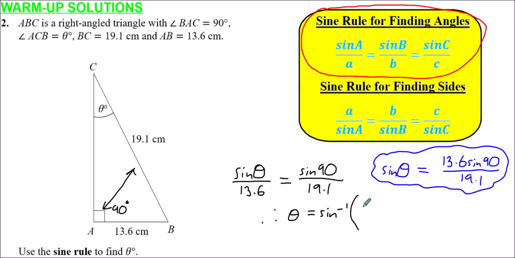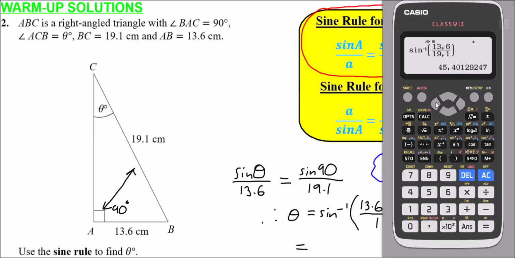So sine minus 1, 13.6 sine 90 over 19.1. And so if we just do this, we can just take what I had before and edit in sine 90.